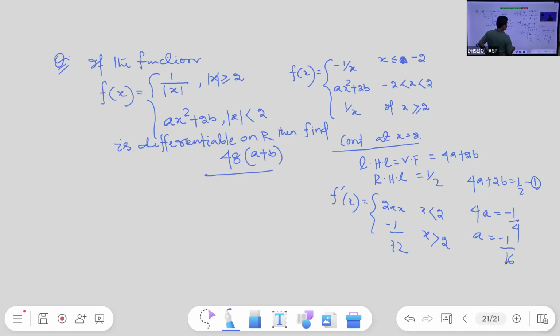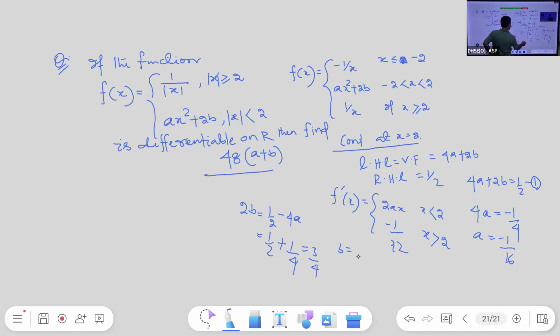So if a is equal to minus 1 by 16, then b is equal to half minus 4a, which is half minus 4 into minus 1 by 4, that is 1 by 4. This is equal to 3 by 4.